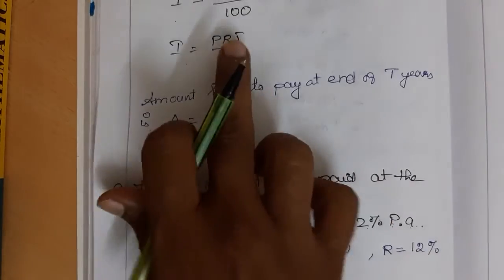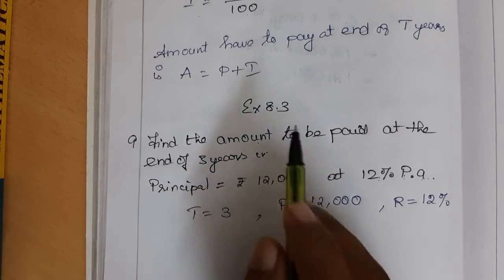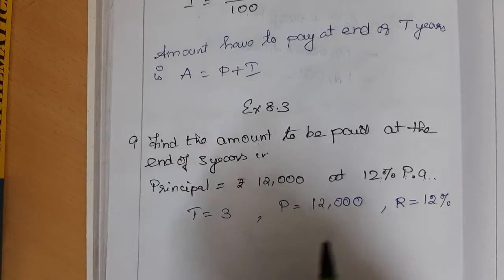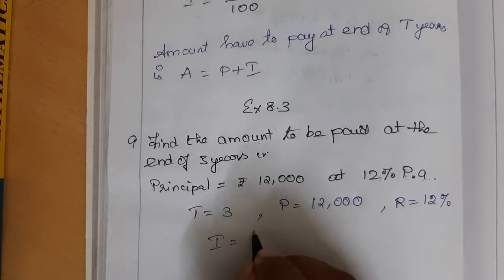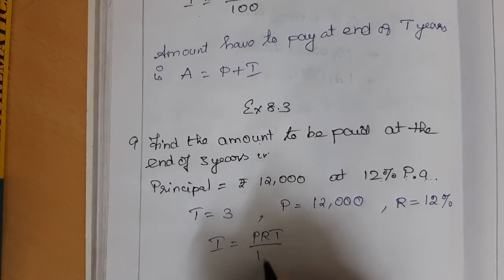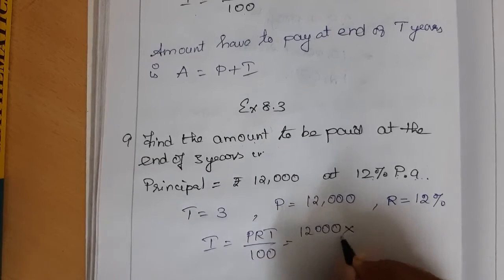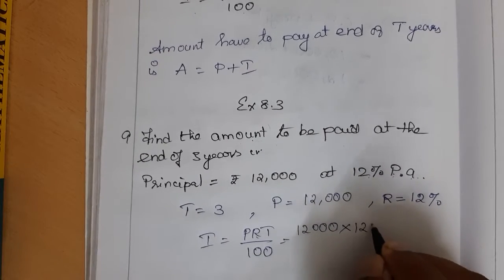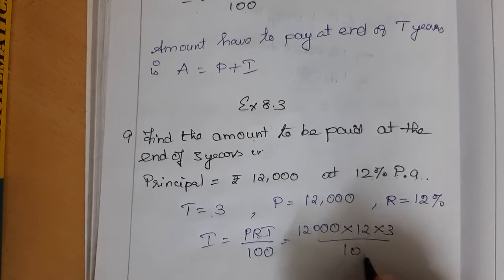You already know the formula to find the interest, but we have to find the amount. After finding the interest, we can add the interest and the amount borrowed, that's the principal. So the interest formula is PRT by 100. Principal is 12,000 and rate is 12, and time T is 3, divided by 100.